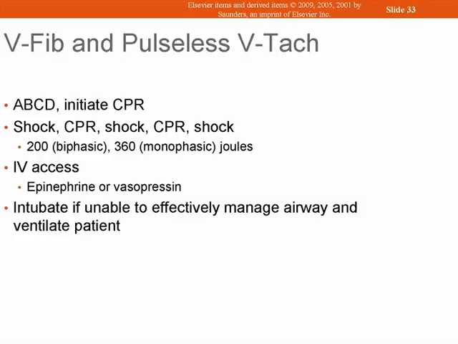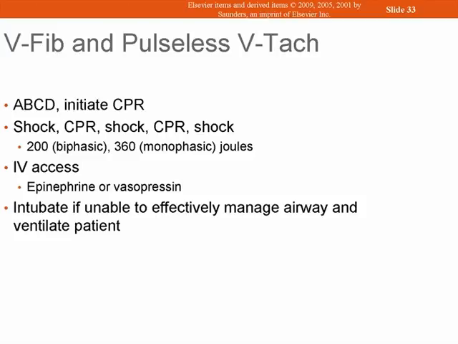You want to shock, do CPR, shock, CPR, shock. So 3 shocks. If you have a biphasic defibrillator, which most of the defibrillators inside hospitals now are all biphasic, you can do it at 200. If it's still a monophasic, you want to go to 360 joules of electricity amperage.